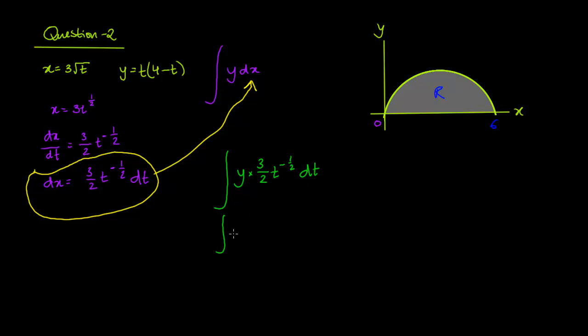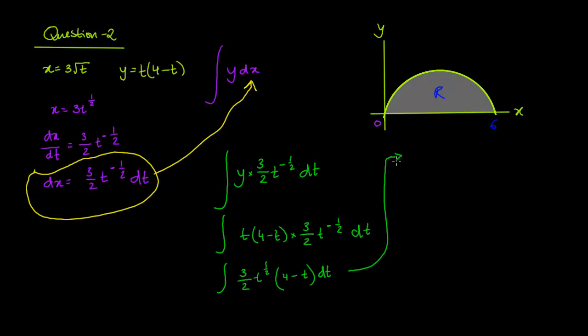That would mean (4t minus t) times 3 over 2 t to the power of negative half dt. That would mean 3 over 2 t to the power of a half times (4 minus t) dt.